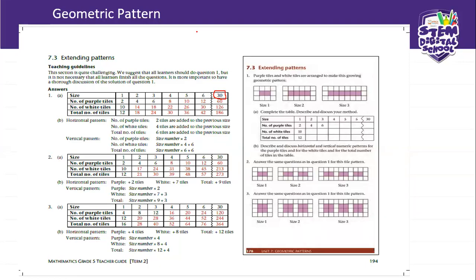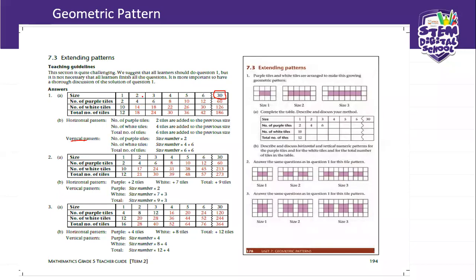All right. Because time is already gone, let me help you guys out. If we're looking at the vertical pattern, we established that size number multiplied by 2 gives you the number of purple tiles. Then I have size number, I need to get 14.